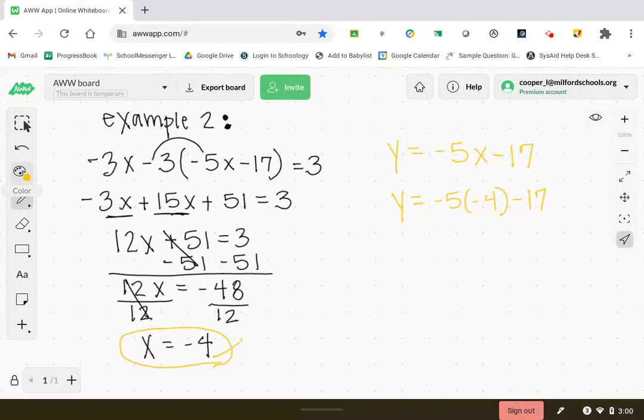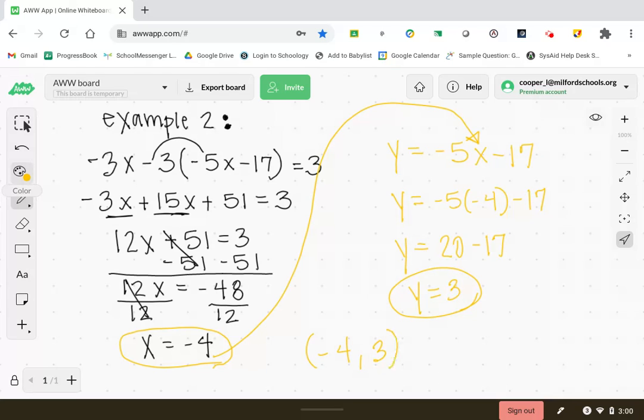So this just comes from our answer. I plugged it in here to see what y is. So y equals 3. So my answer is negative 4, 3.